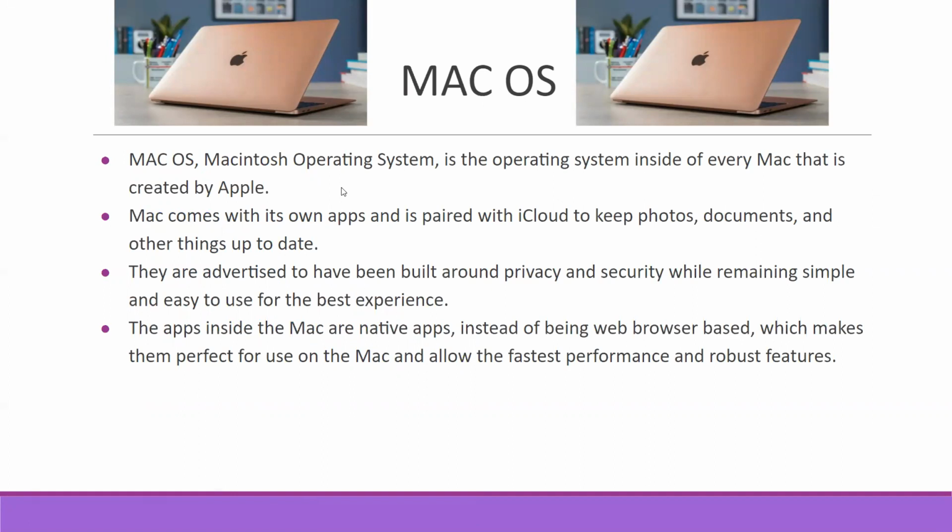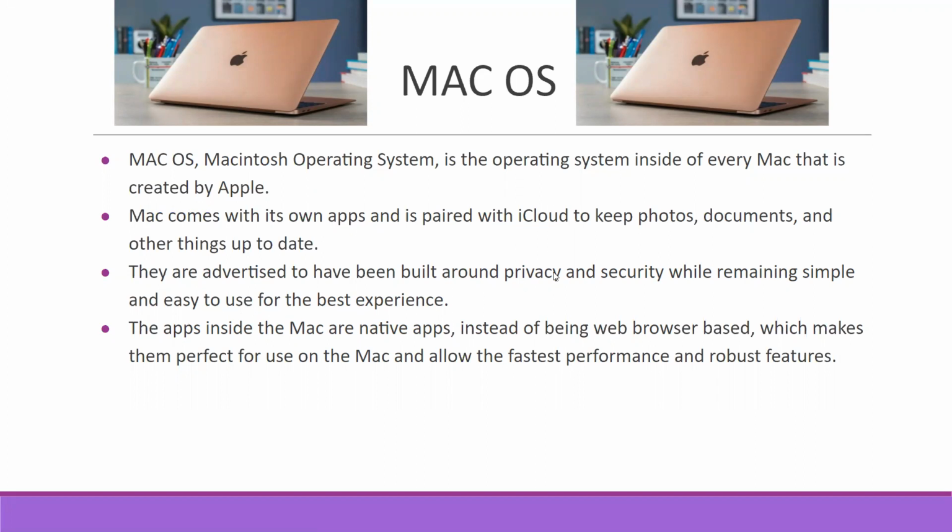Mac OS is known as Macintosh operating system. It is the operating system inside of every Mac that is created by Apple. Mac comes with its own apps and is paired with iCloud to keep photos, documents, and other things updated. They're advertised to have been built around privacy and security while remaining simple and easy to use for the best experience.